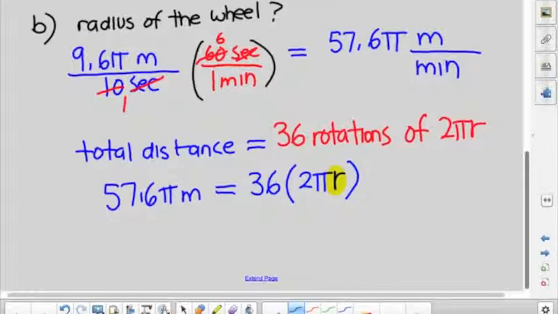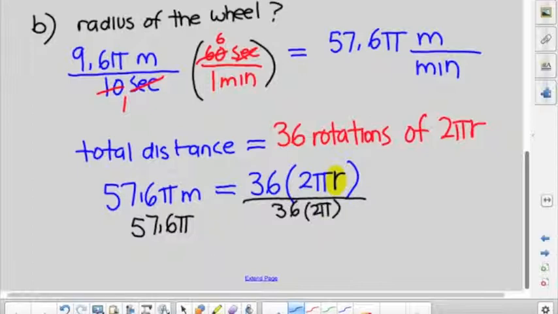So that means that 57.6 pi divided, if I want to divide everything by 36 times 2 pi, I also want to divide the left-hand side by that. 36 times 2 pi is going to give me my value of r.